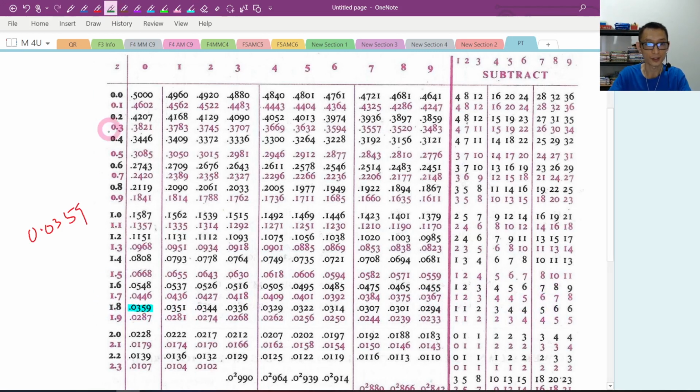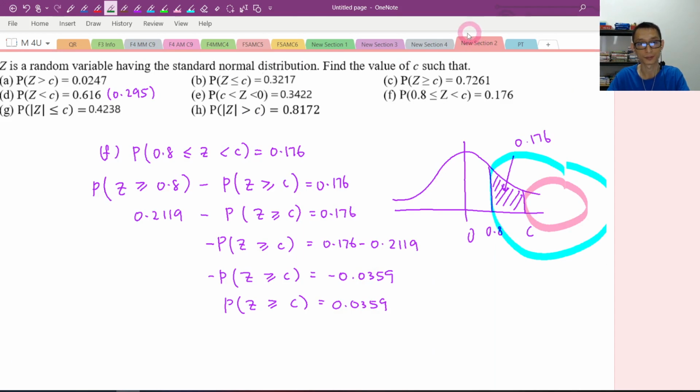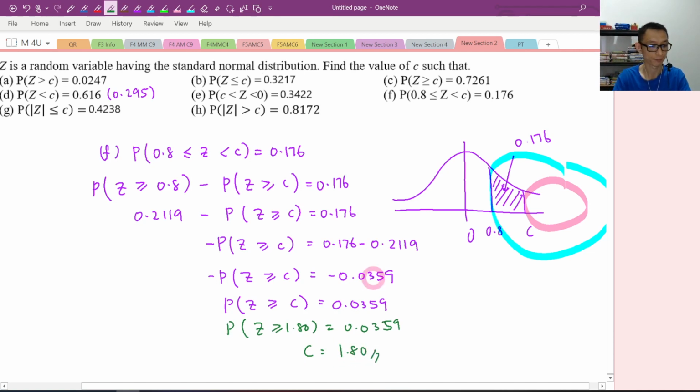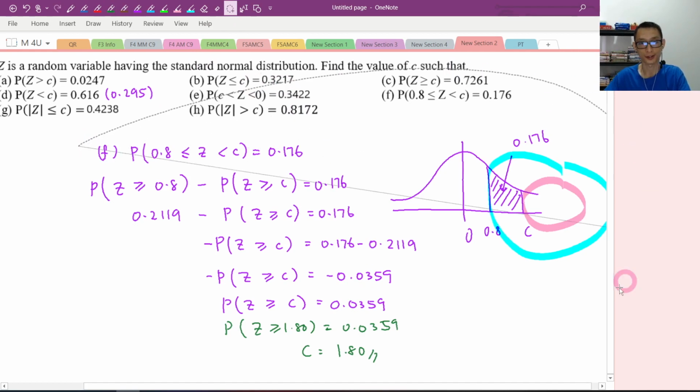So the answer will be 1.80. If you don't want to write 0, it's okay, just write 1.8, it's still the same. So C is equal to 1.8. Okay, this is the answer for F. Okay, we have 2 more left. Now let's go to G.